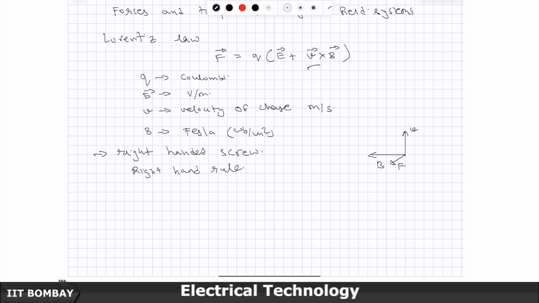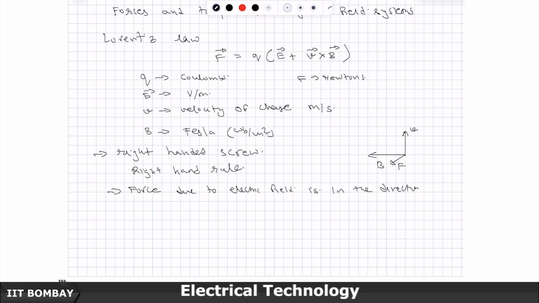Now, force due to electric field, force is in Newtons, is of course in the direction of E itself.